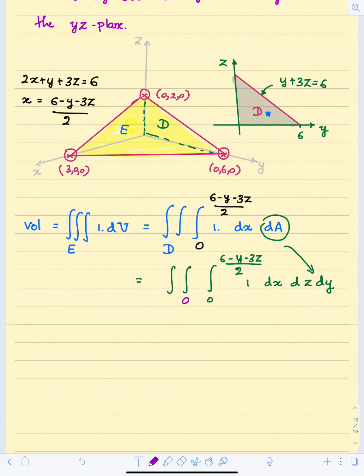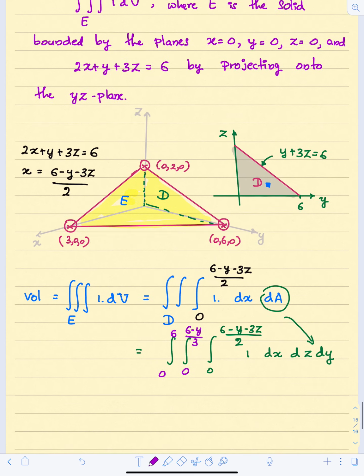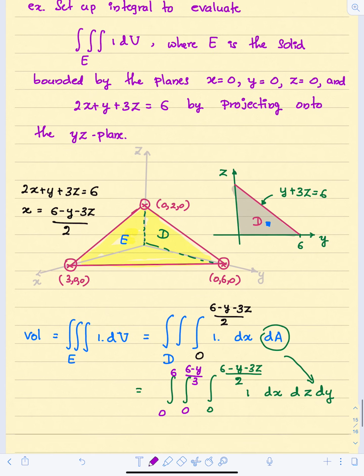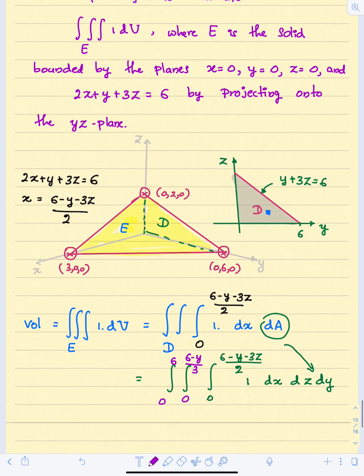Now if you solve for z, you should get (6 minus y) over 3. Finally, the limits of the outer integral are 0 and 6. And now if you want, you could do the same thing by projecting this solid E onto the xz plane.